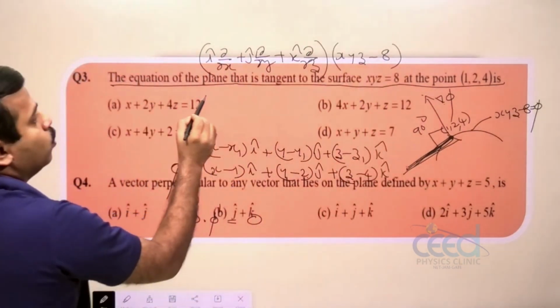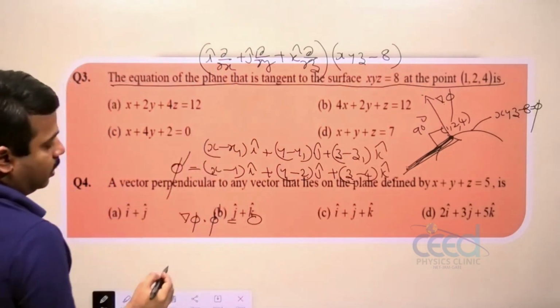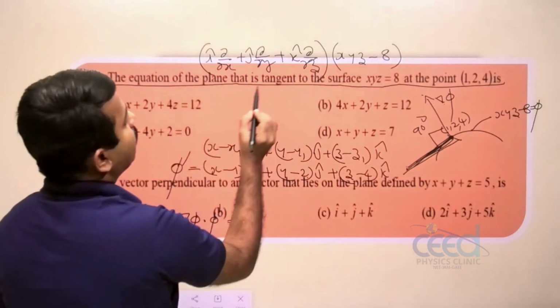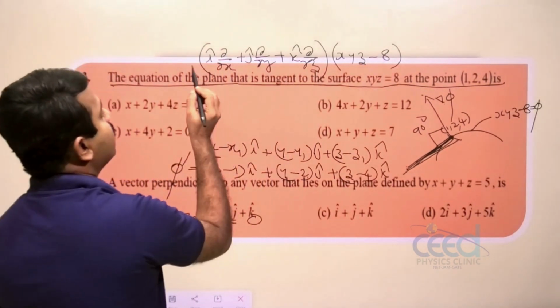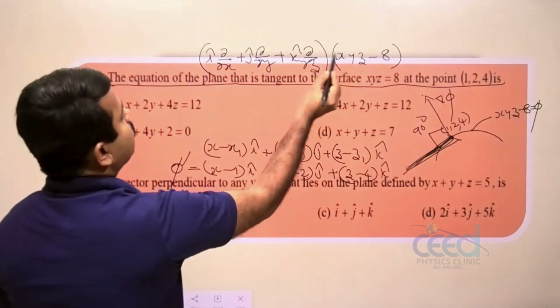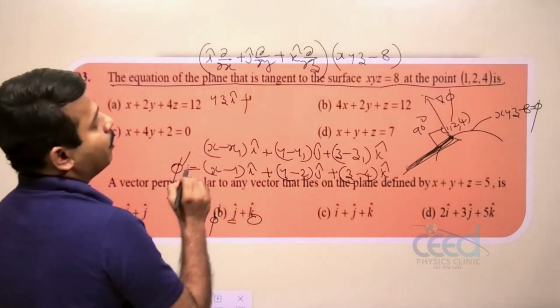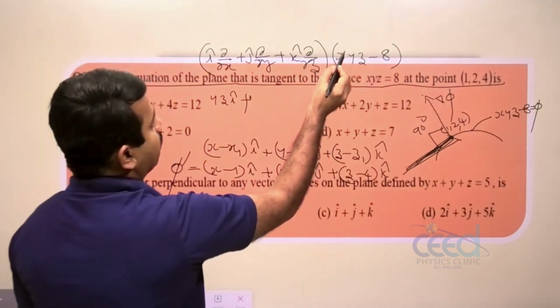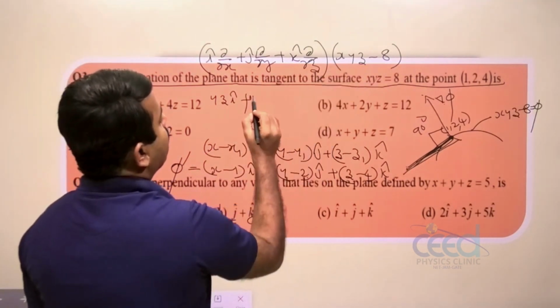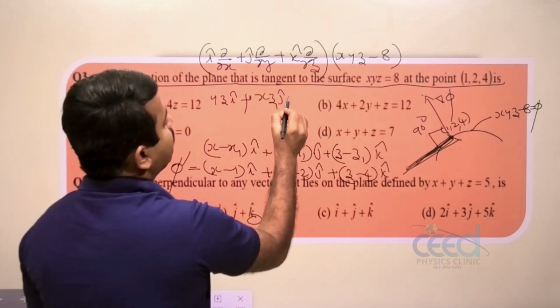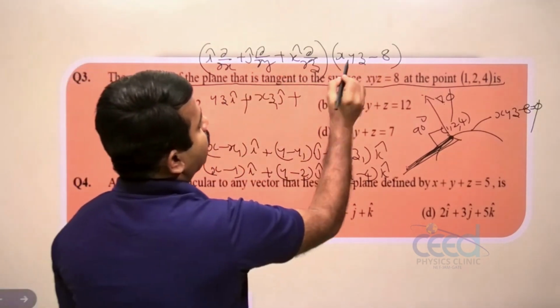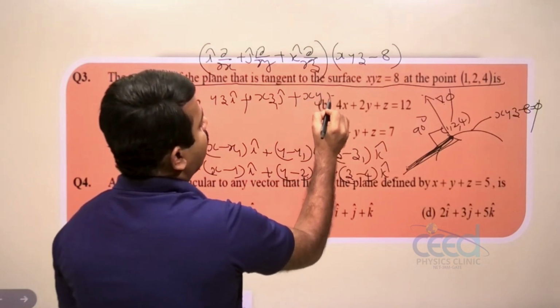When I find this gradient, with respect to x it is yz i cap, plus with respect to y it is xz j cap, plus with respect to z it is xy k cap.